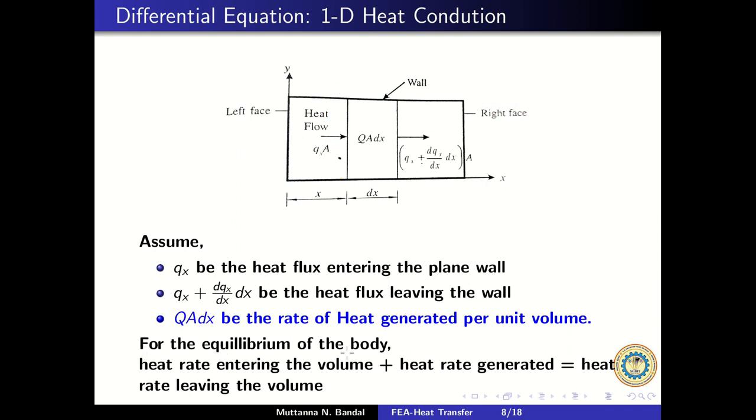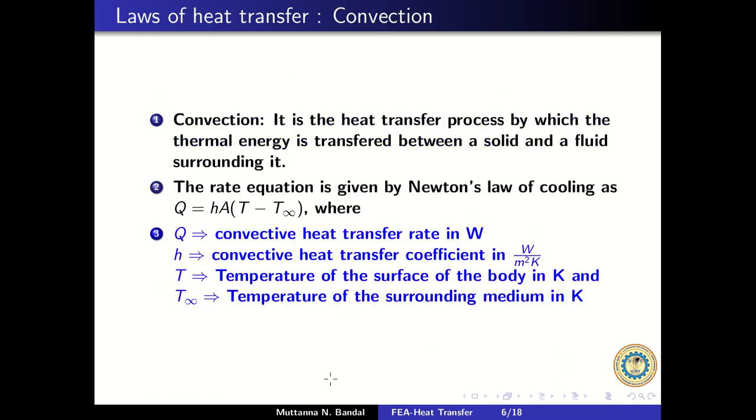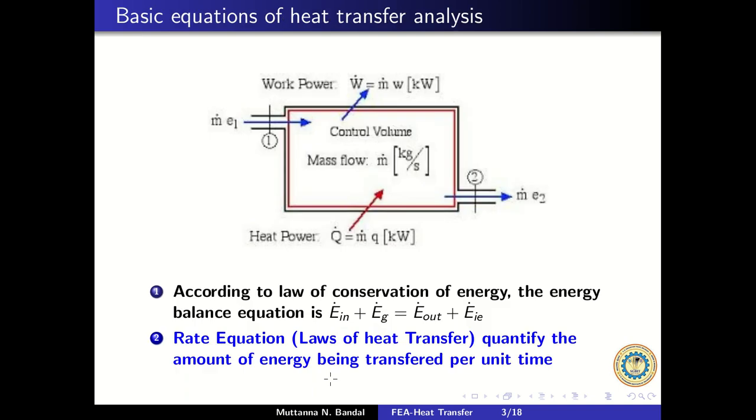So from the equilibrium of the body, we can write the heat rate entering the volume, that is Qx, plus the heat generated within the wall, that is A · Q̇ · dx, is equal to the heat leaving the volume. This is the energy balance equation referred to earlier in our basic equations.